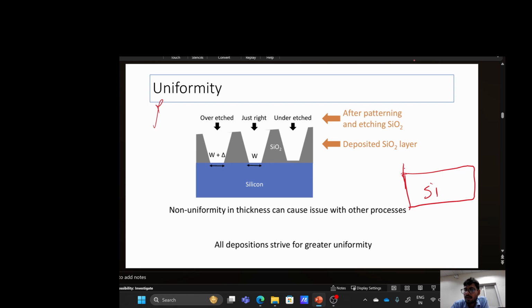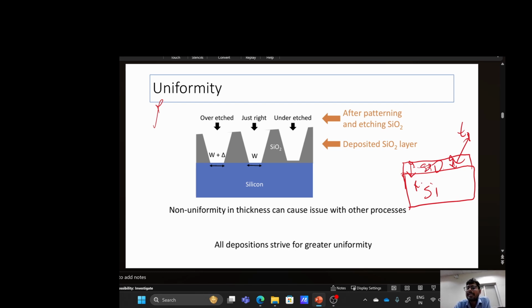So this is the thickness of the film SiO2. If this SiO2 is not uniform, in the sense the thickness at this position is T, and at this position it is T1, then there is a thickness variation over the substrate. So this is a non-uniform film.